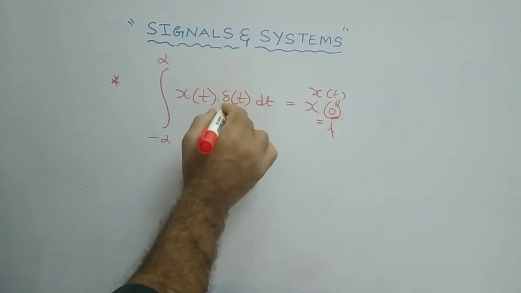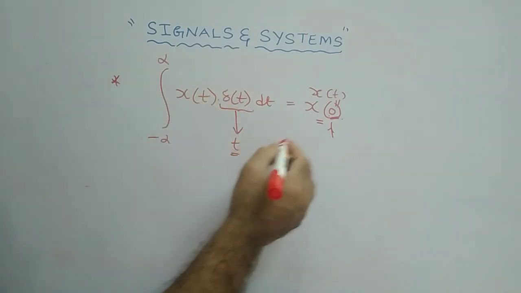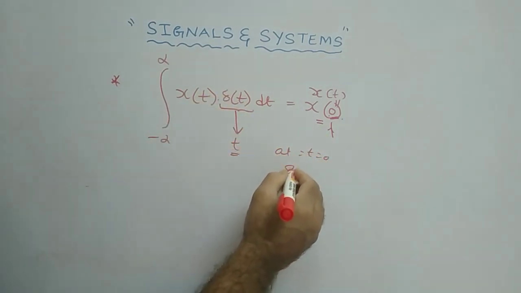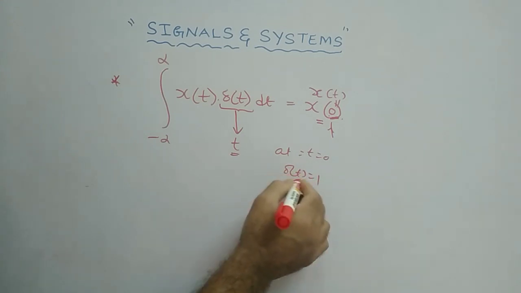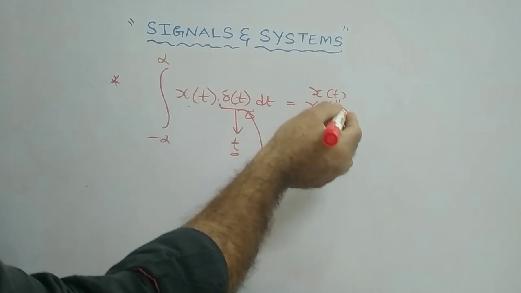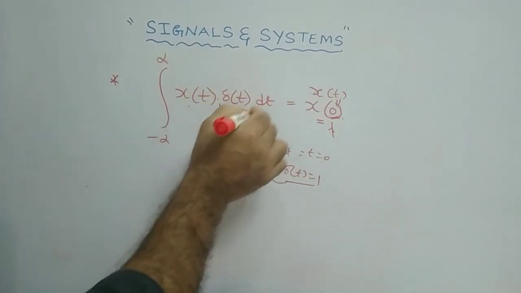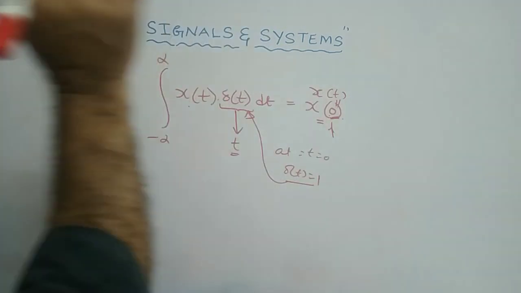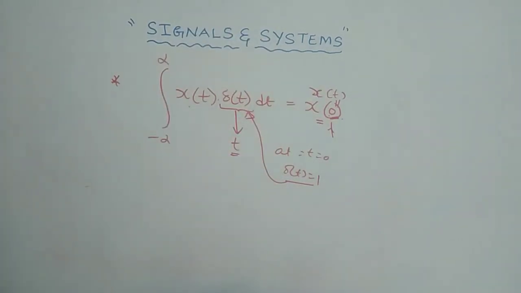At t equal to 0, your delta of t value is 1. Therefore, 1 is multiplied by x of t. So, at what time the delta is available, that time you have to substitute here. That is the meaning of this.